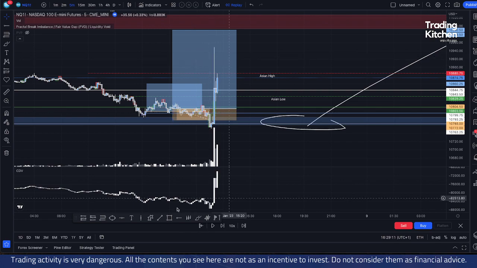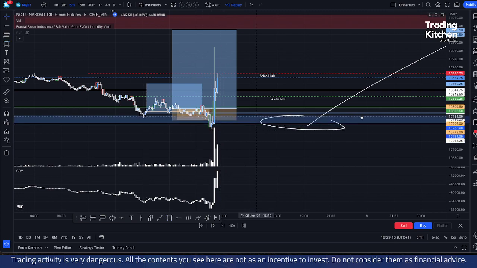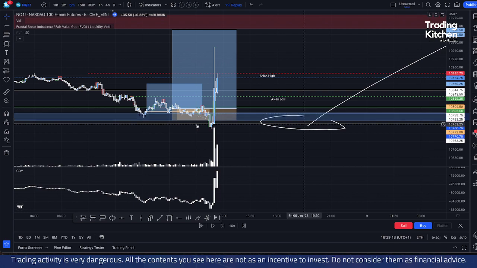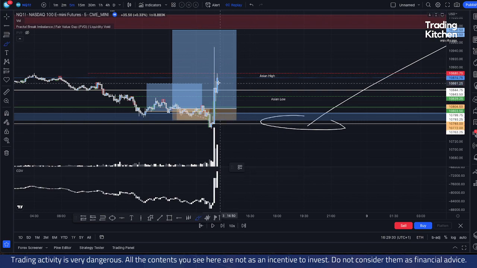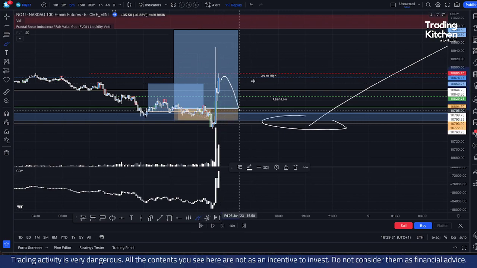Anyway, we have this supply zone, because price broke the structure, not this one yet, so not the Asian high, so probably price now will do like this.